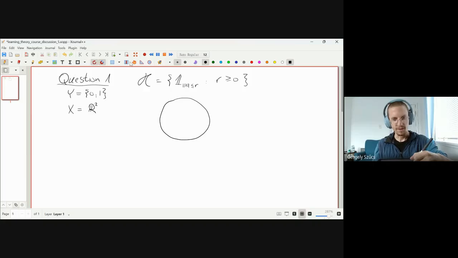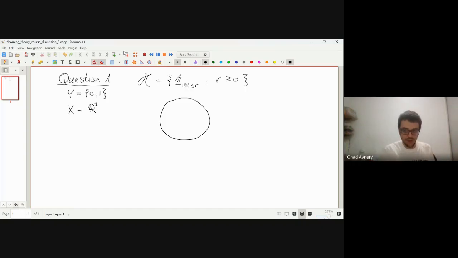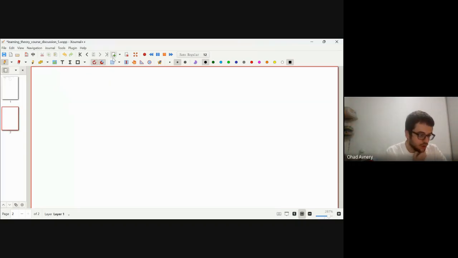I was going to ask Ohad, could you walk us through your solution? Yeah. So we set out to define a learning algorithm.